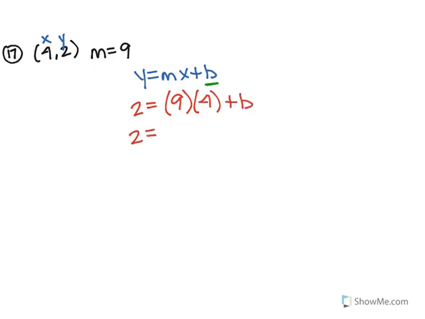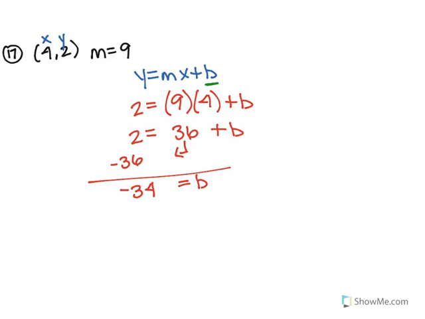So that would be 2 equals 9 times 4, which gives us 36, plus b. If you want to get b by itself, we're going to move 36 over by subtracting it. So b would equal negative 34.